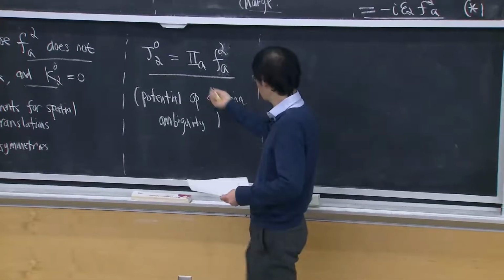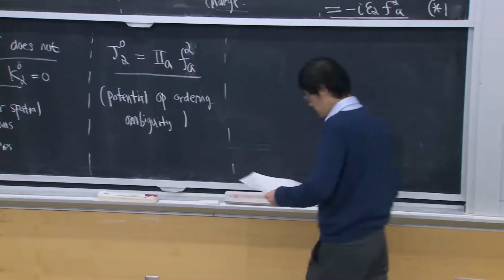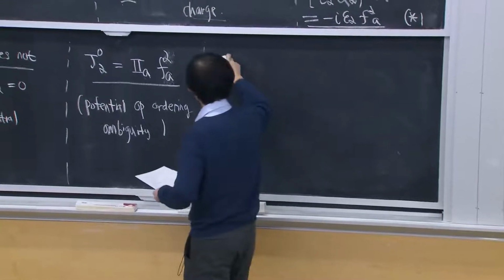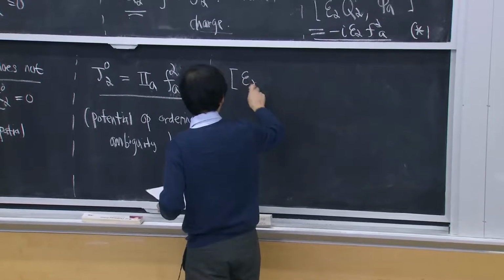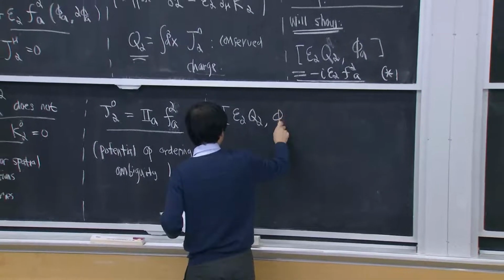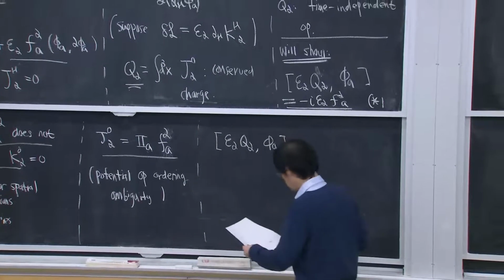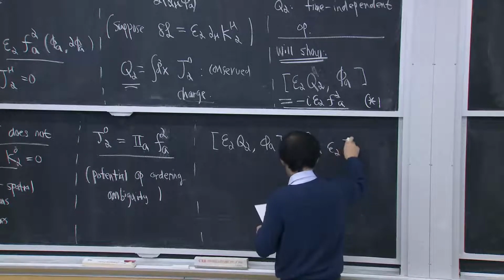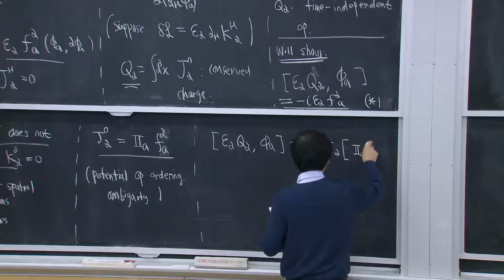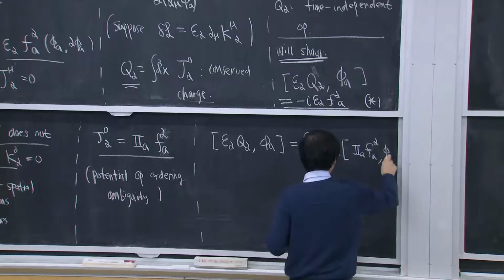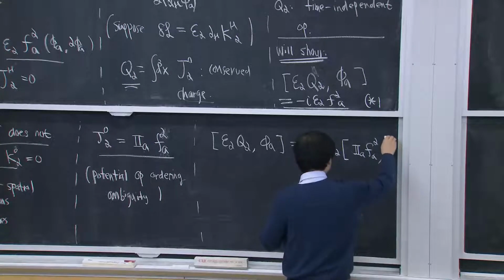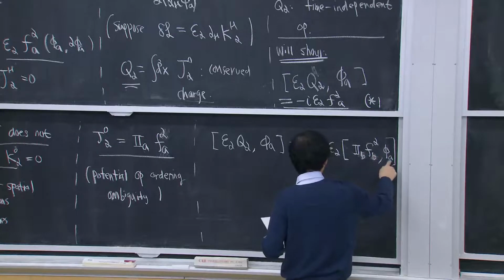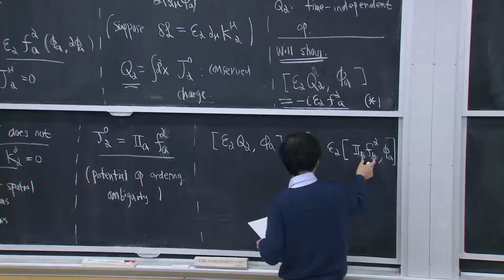So now let's imagine there's some ordering we have chosen, and let's look at this commutator. We can just write down the definition: integrating over all spatial directions, epsilon alpha, and then we have pi A, F A alpha, phi B. Let me call it phi B because the indices are now different, so these two indices are summed.